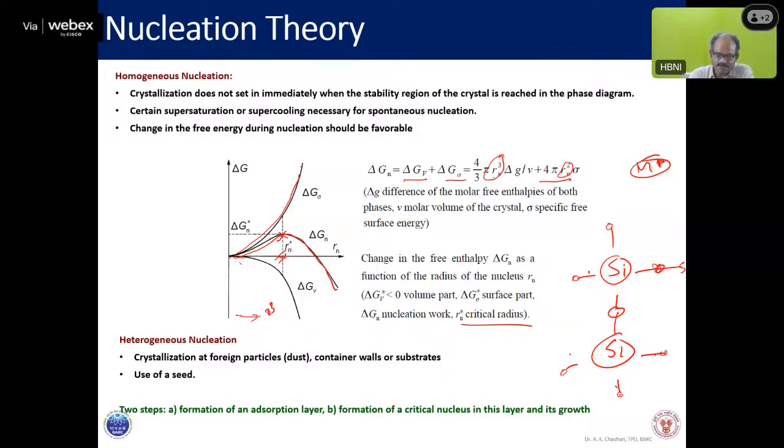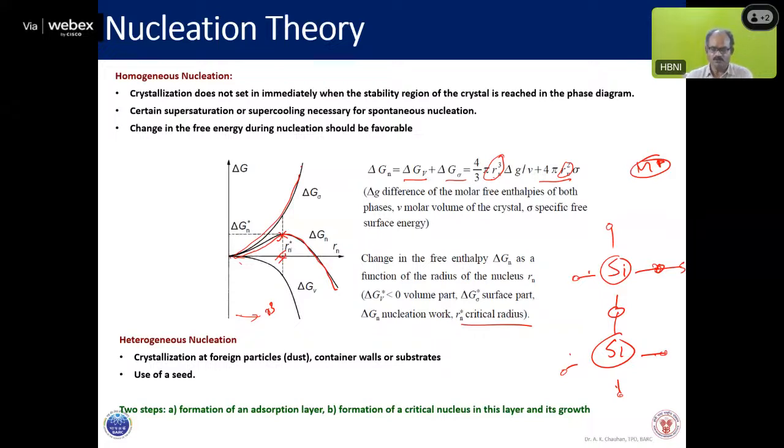It is called homogeneous because the cluster is growing inside the same material. If the nucleus is of the same material which is ready to crystallize, it is called homogeneous nucleation. Then there is another kind, heterogeneous nucleation.